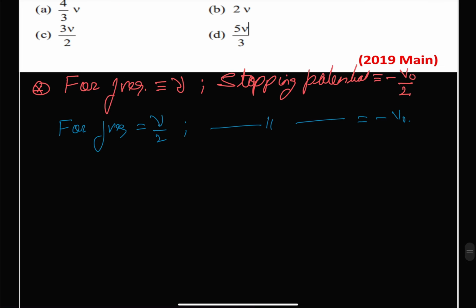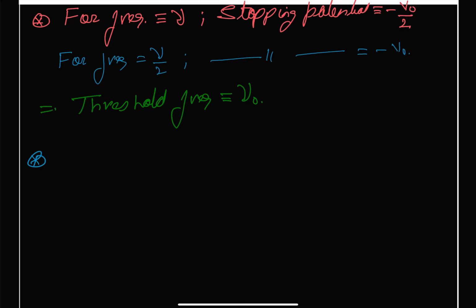So we can use our photoelectric equation: e multiplied by V is equal to h nu minus h nu naught. We can just divide this into two parts because we have two stopping potentials. Here V is our stopping potential.